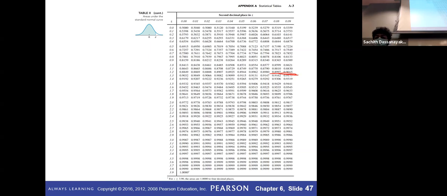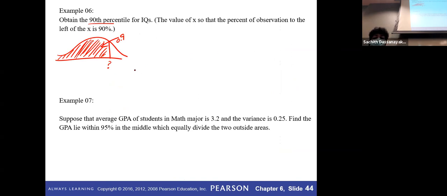So my z value is 1.2 plus 0.08, which is 1.28. So this value right here is 1.28. For this example, this is the answer, because I don't know what the normal distribution is.